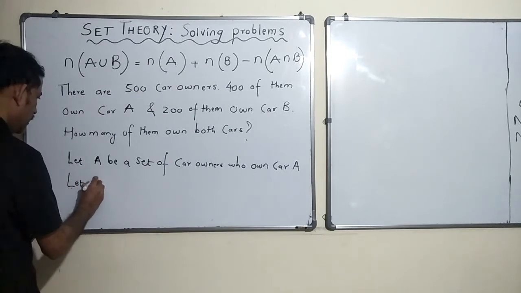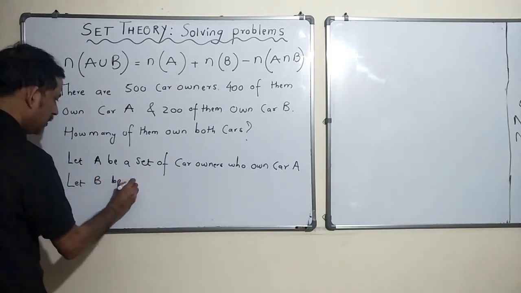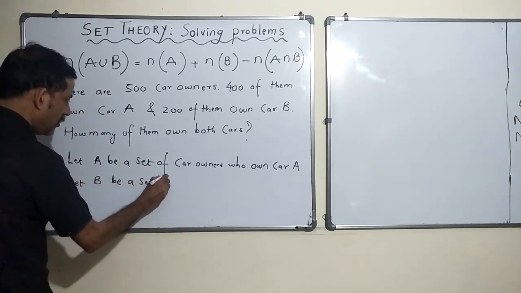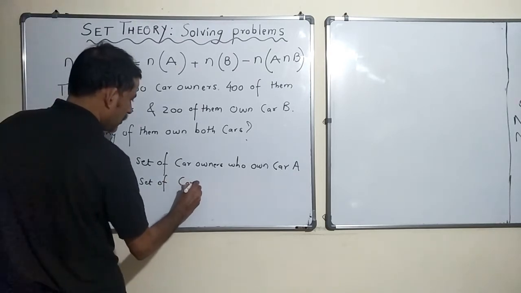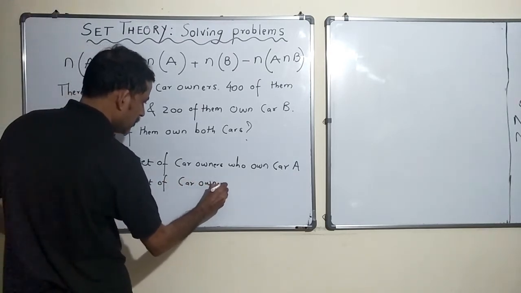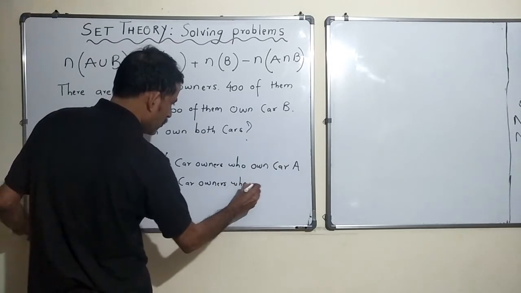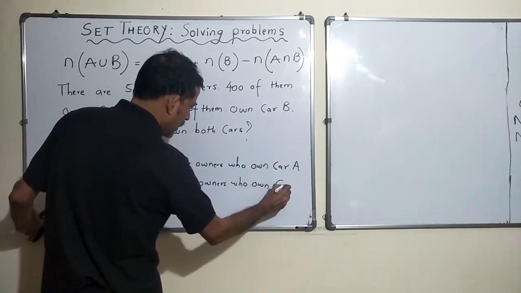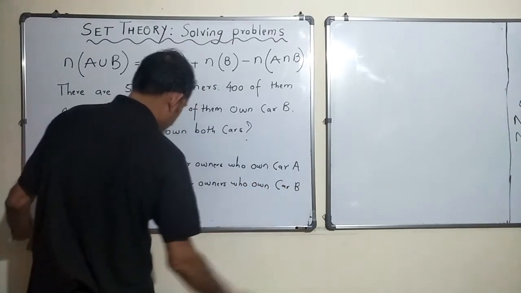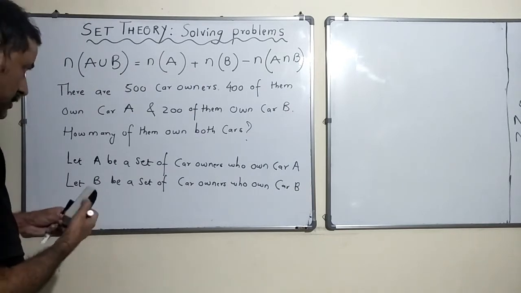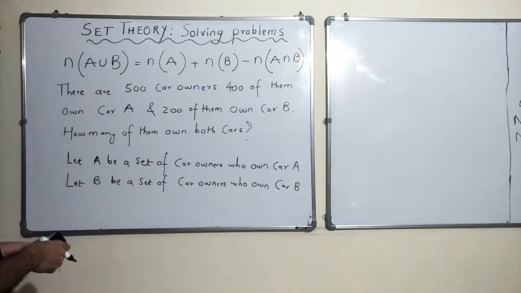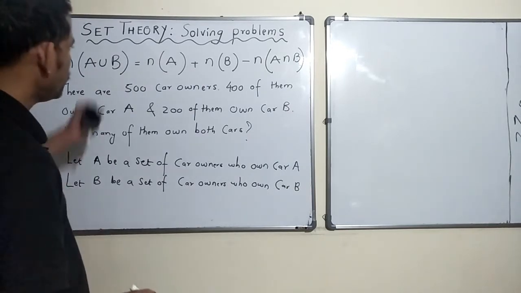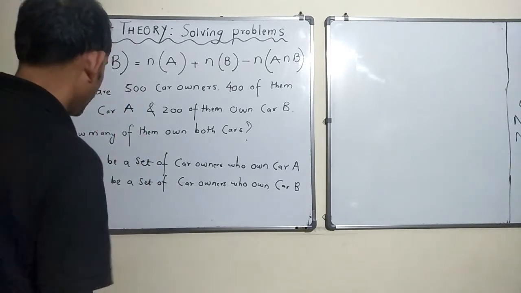Let B be a set of car owners who own car B. Okay. So this is the thing. All right. Now from this, what do you know?